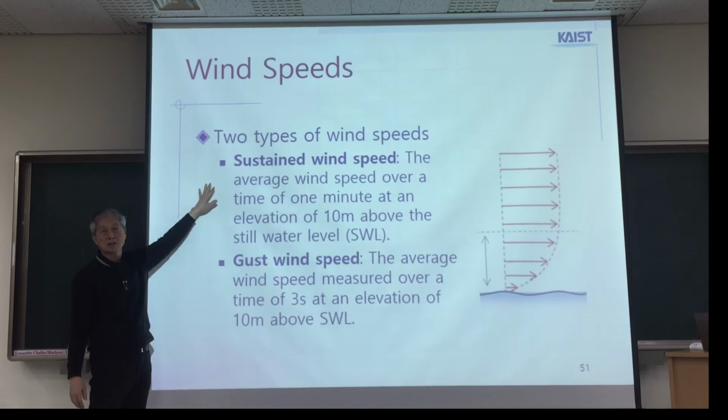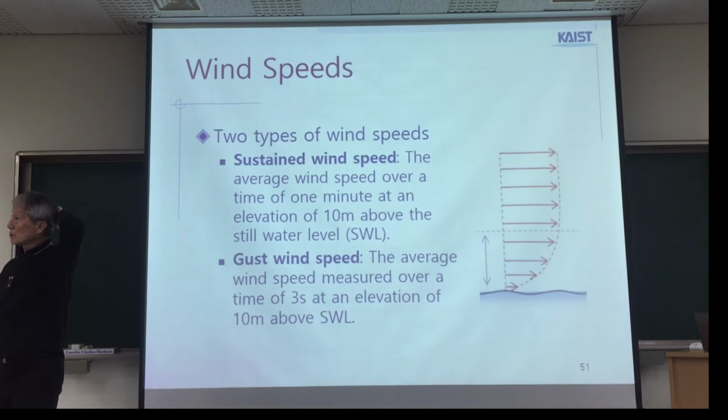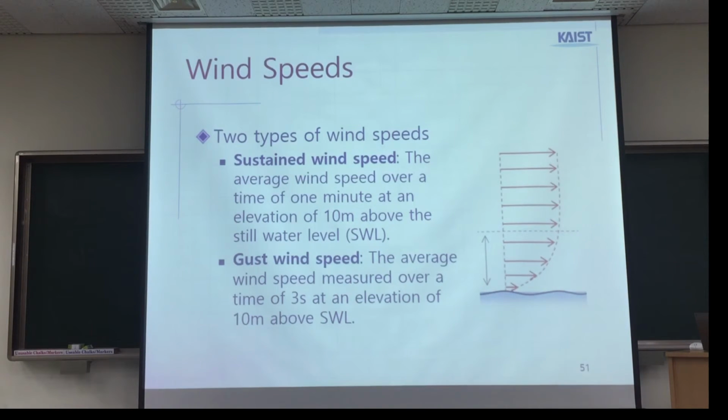In our case, there was a project in our department designing a 5 megawatt floating wind system. At that time, we measured the wind speed. The location was near Jeju Island. So we have a wind map there.